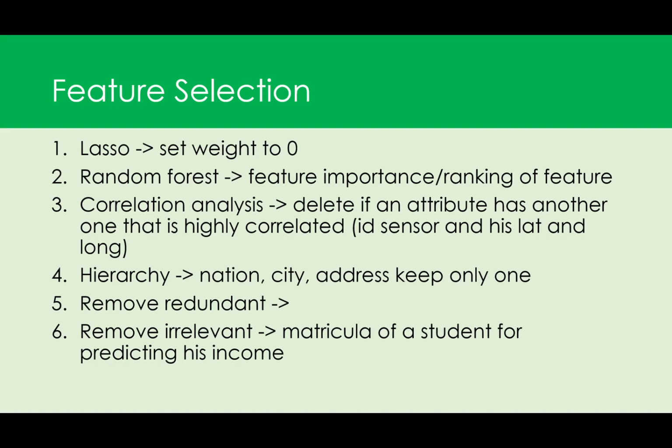Then also, as I said, manage hierarchies. If we have entire hierarchies, we can decide to keep only one, and remove redundant attributes and also irrelevant ones, such as the student's matricola for predicting income, for example.